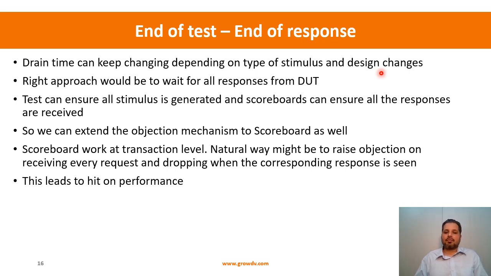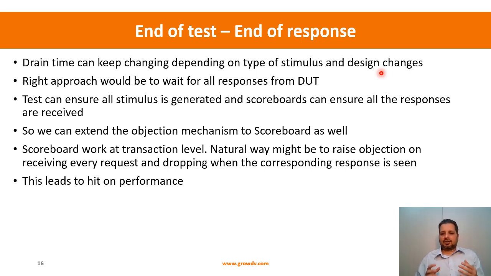Now let's say we make the scoreboard participate as well, because every time it receives a request generated from the monitor, it knows the expected responses that are supposed to come, and so it can say when that request has completed. Whenever the scoreboard has received a request, I can raise an objection, and then I can drop the objection when the corresponding response comes back, right?